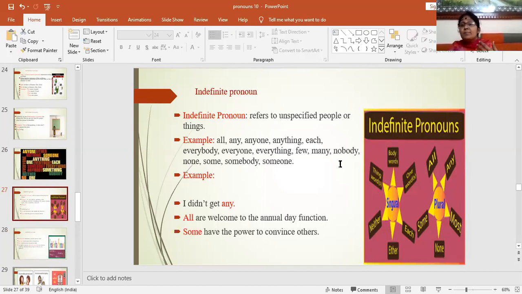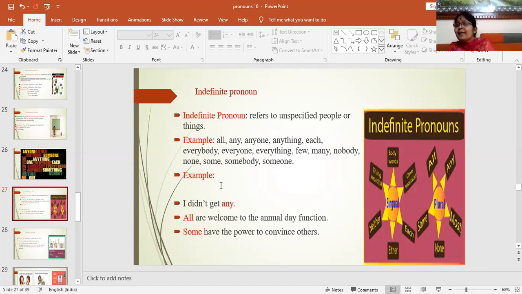So the pronouns that are used as indefinite pronouns are all, any, anyone, anything, each, everybody, everyone, everything, few, many, nobody, none, some, somebody, someone.